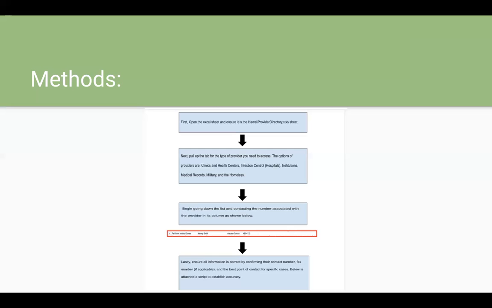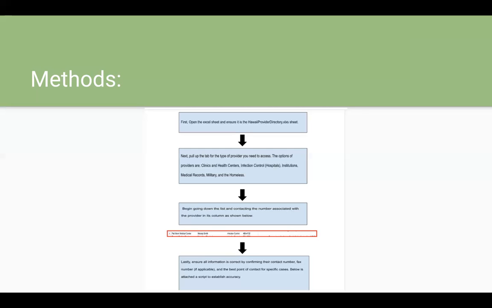Additionally, I asked if they had a fax or if the current fax listed was updated and edited the sheet accordingly. A lot of places actually don't really have any preference for fax, so there's not that many fax numbers listed. They just prefer you call them, which is understandable. A lot of the time they are very busy. They don't have time to check.